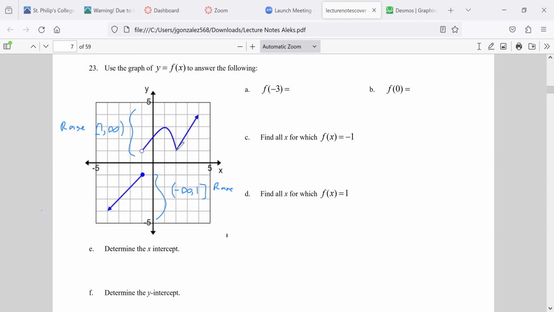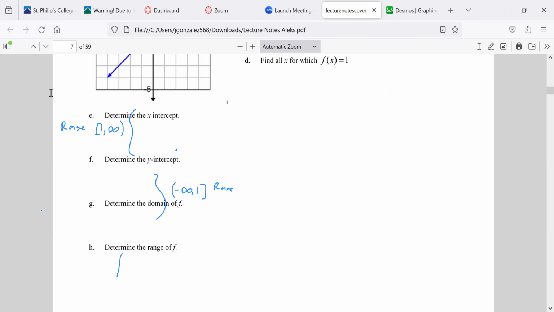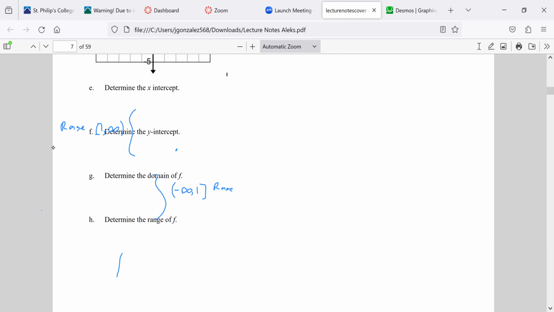So the actual range would be the union, so negative infinity to -1, union 1 to infinity.